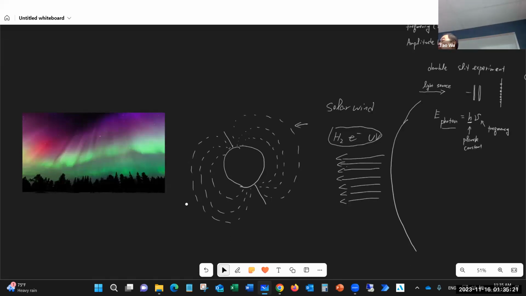This is what happens to charged particles. If there's no charge, they penetrate through the magnetic field. But once they have charge, they change direction. So instead of shooting directly at the surface of the Earth, they travel along the magnetic field.